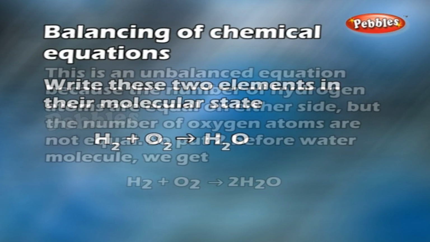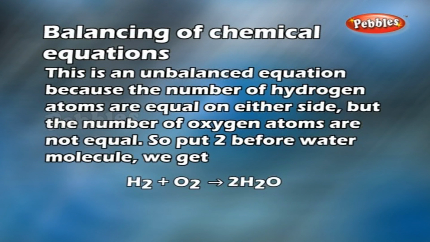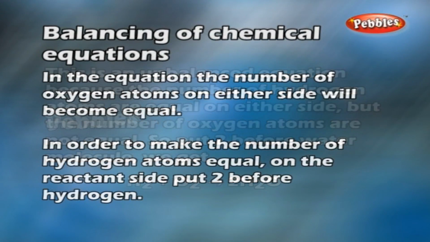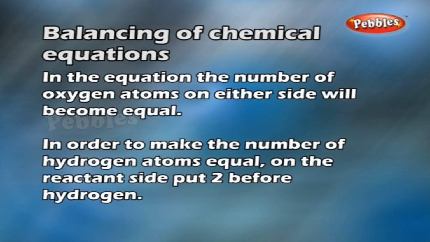This is an unbalanced equation because the numbers of hydrogen atoms are equal on either side, but the numbers of oxygen atoms are not equal. So, put 2 before the water molecule. We get H2 plus O2 gives 2 H2O. In the equation, the number of oxygen atoms on either side will become equal.